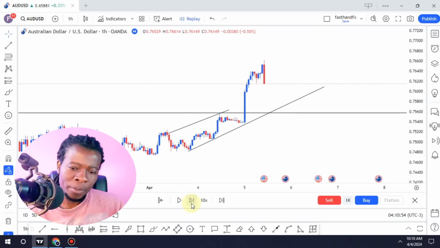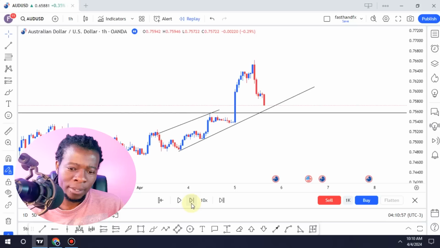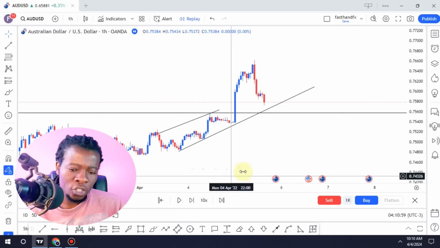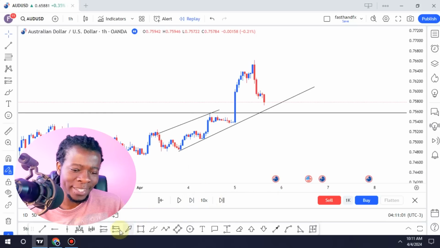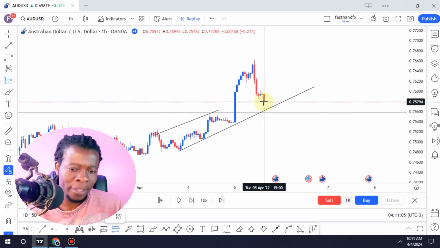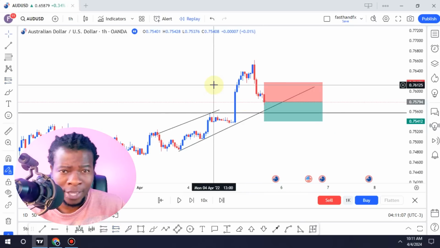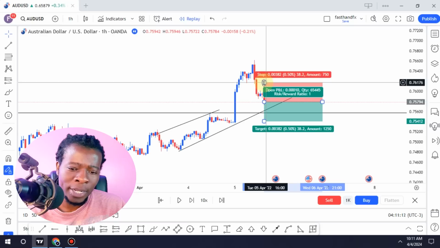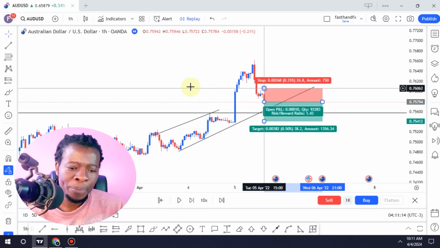So let's see. Okay, the market does this. Right there, first things first, this is just one candlestick that I was talking about. This is what's called an engulfing candlestick, a marubozu, whichever you guys name it. So you might consider taking your first entry right there.